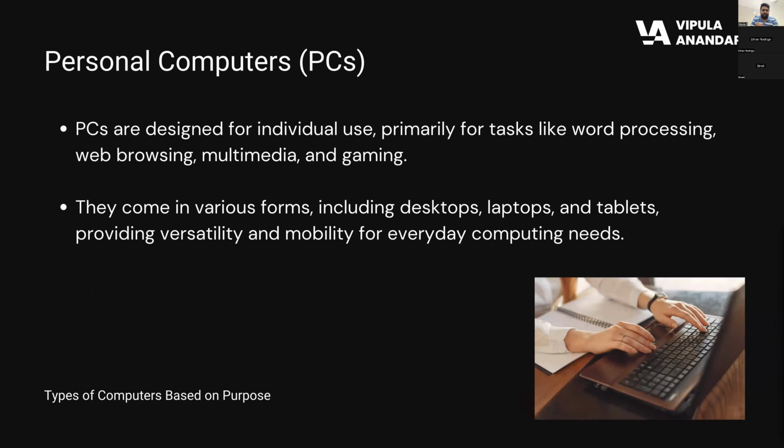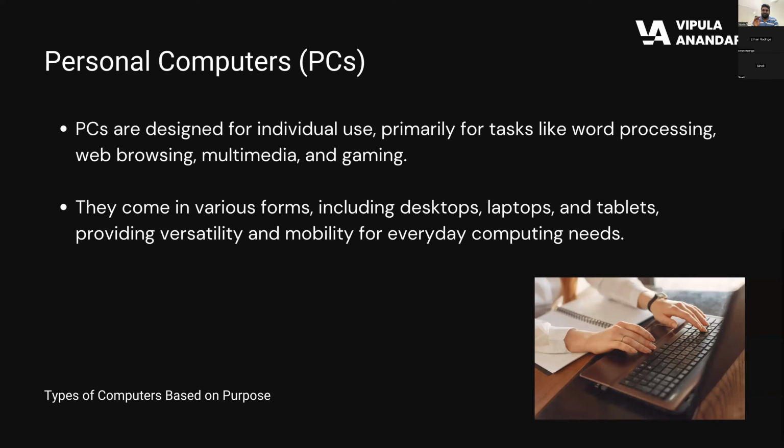And then we have the PCs. We all know personal computers are basically the typical computer designed for individual use, and they're primarily for tasks like word processing, web browsing, multimedia, gaming, development, and so on. Remember this particular word, PCs are designed for individual use.